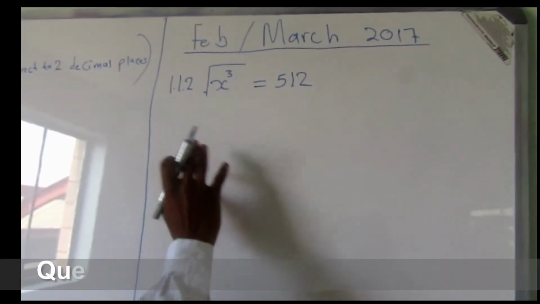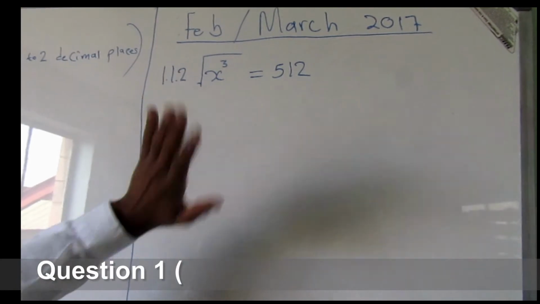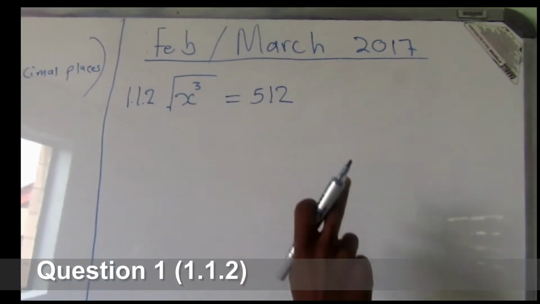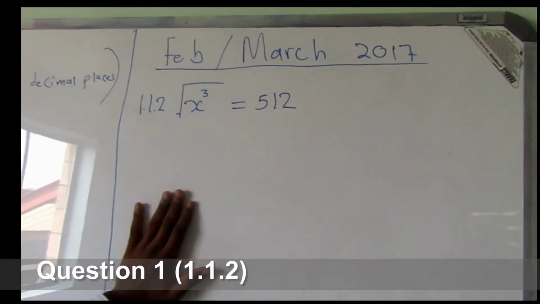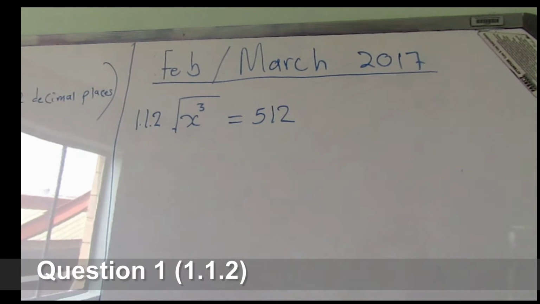Hello guys, we are proceeding with 1.2. In this 1.2, we are given x cubed, the whole root, equals 512. The first step we need to do here is to simplify this accordingly.